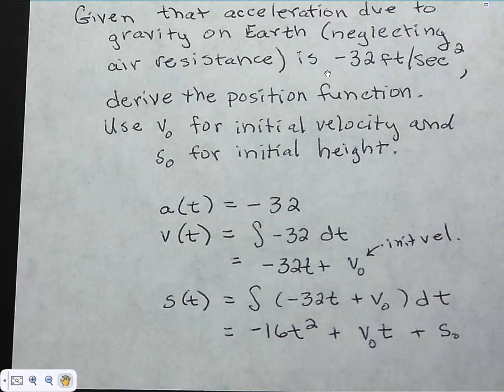Just to keep you from simply memorizing that, I think there's a problem about lunar gravity. With lunar gravity, you'd start with a different constant here. But the process would be the same for finding the position function of an object either thrown or dropped on the moon.